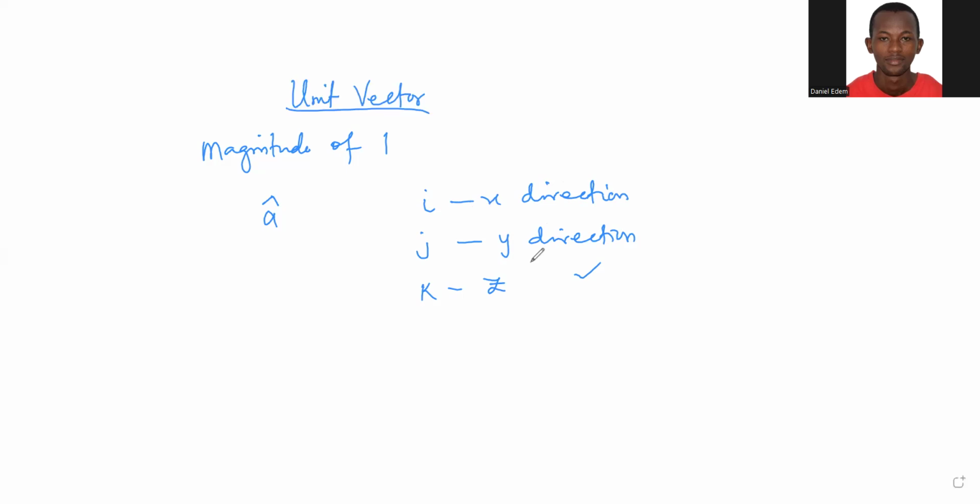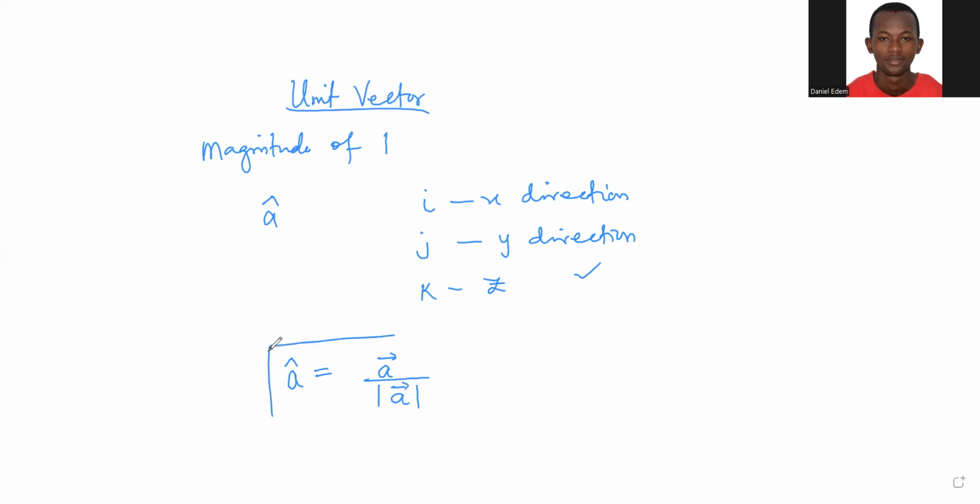And so when it comes to unit vector, the formula simply for a unit vector is your a cap is equal to your vector a divided by the magnitude of your vector a. Take note of that.